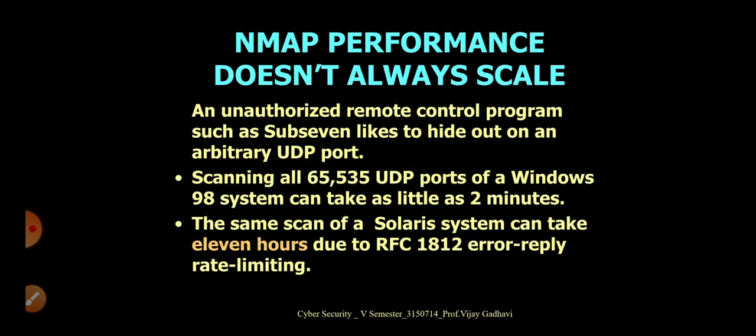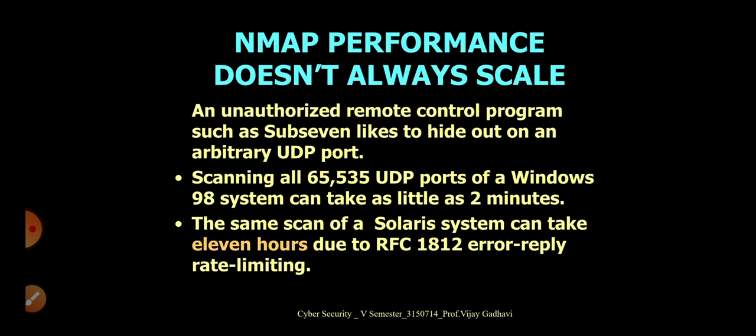An unauthorized remote control program such as Sub7 likes to hide out on an arbitrary UDP port. Scanning all UDP ports of a Windows 98 system can take as little as 2 minutes only.